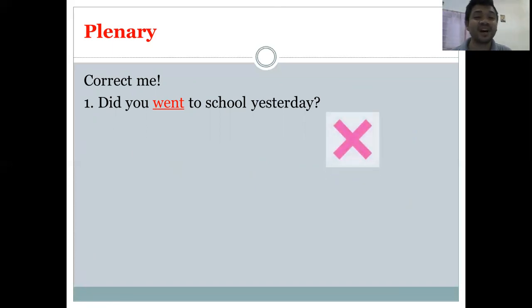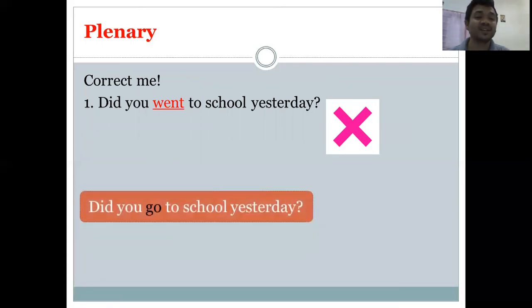If you said no, if you said wrong, then you got it right. This question form is absolutely wrong. How will you correct this? You can correct this by saying, did you go to school yesterday? Remember what I told you: if we have the auxiliary verb did here, you have to use the simple present form of the verb.